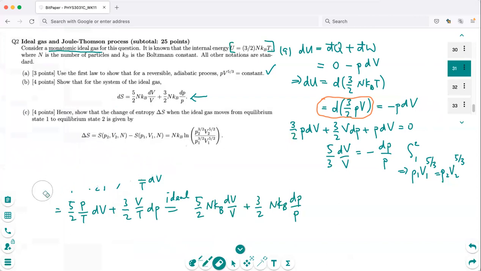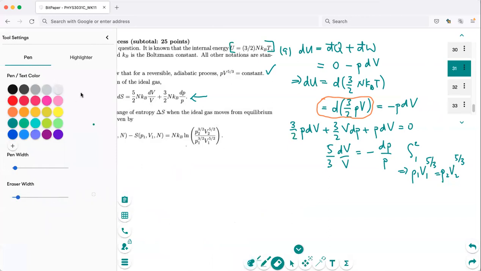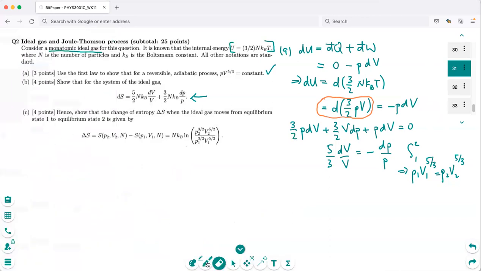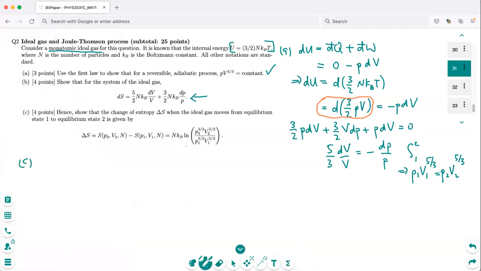So C. C, you're asked to show the change of entropy.